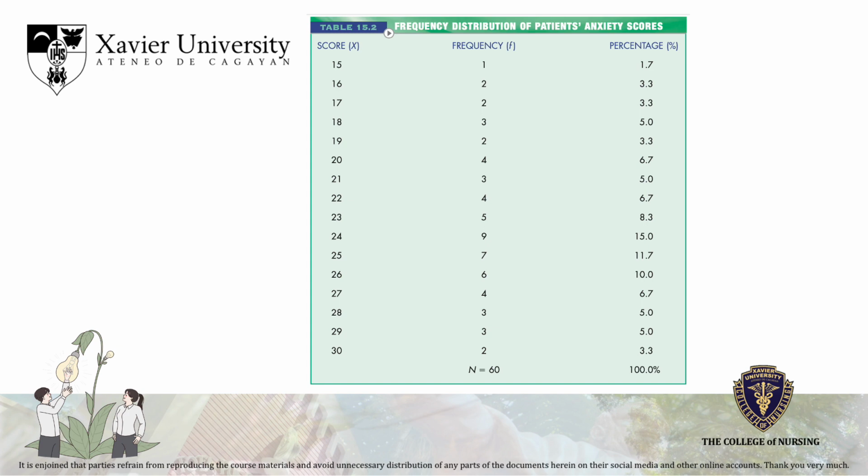The total sample size is typically designated as the letter N. As you can see below, our total sample size, or N, is 60. None of this was easily discernible before the data were organized.